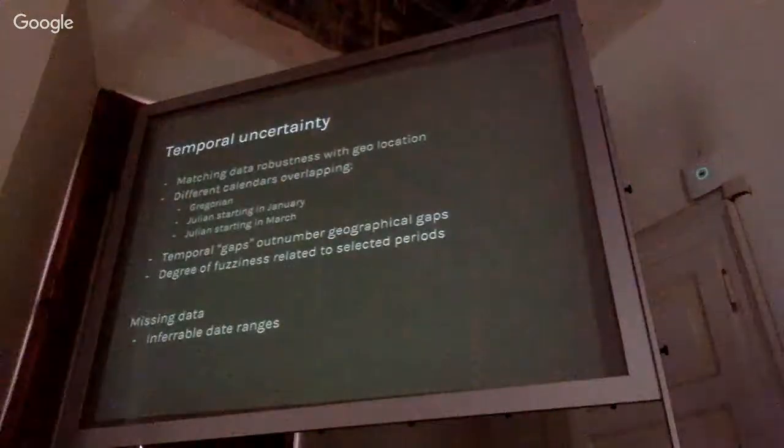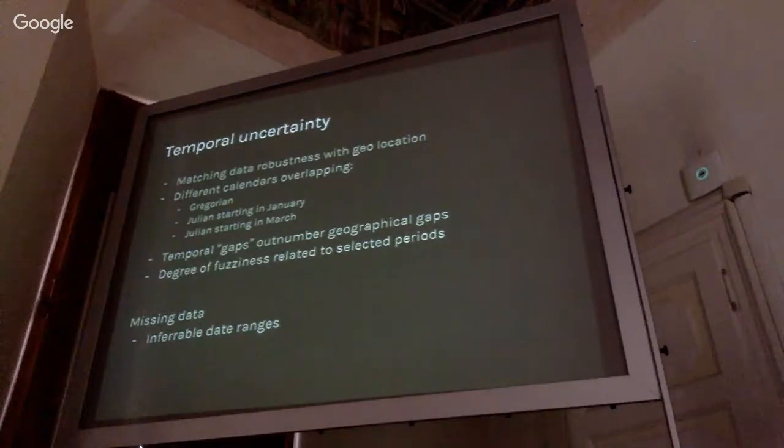This, of course, is to come to terms with different calendars that are overlapping and to reach a more robust database. And in some cases, you also see this missing data.